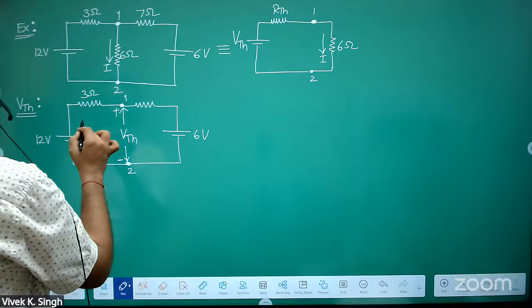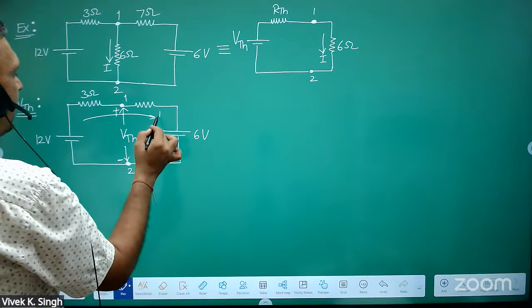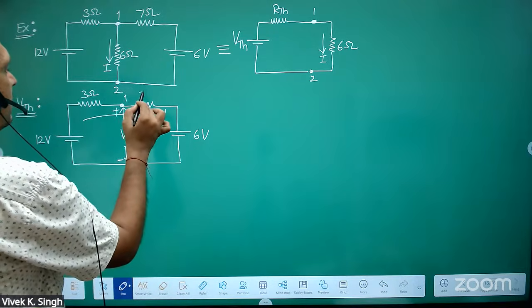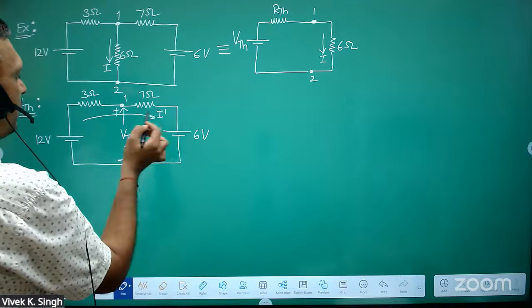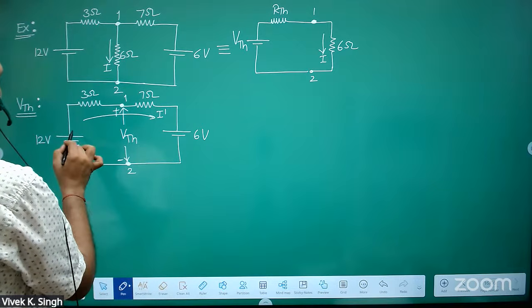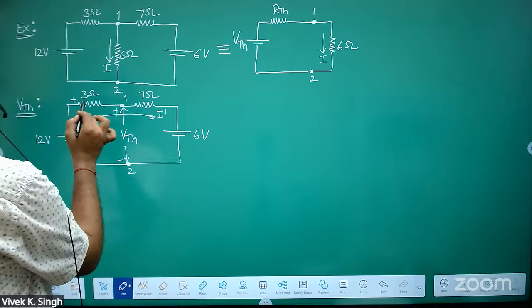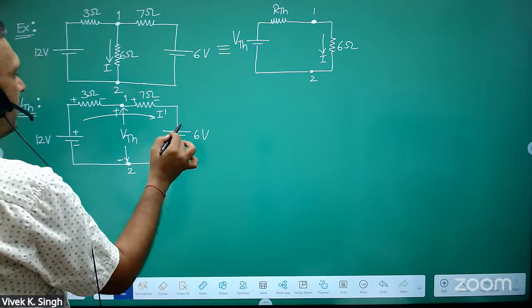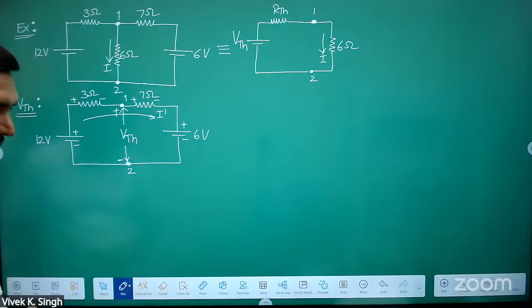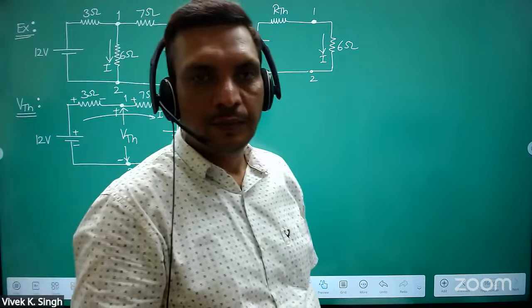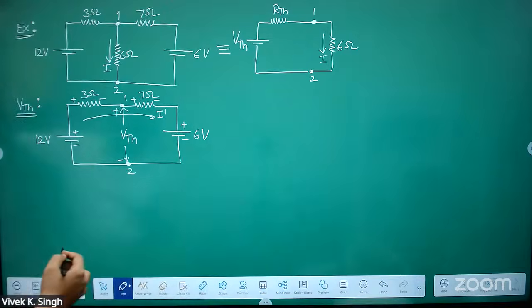Now assume this current is I dash. Let us first find the current, because if you know the current, only then you can find VTH. I am showing the polarity, and I have assumed this to be the direction of current.